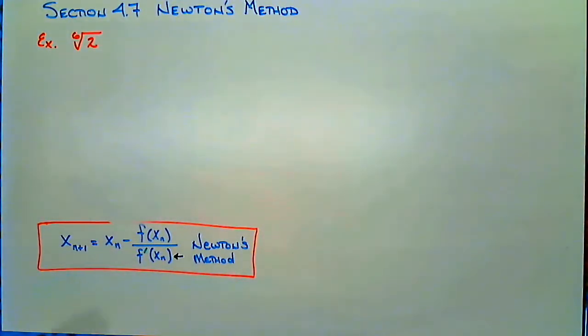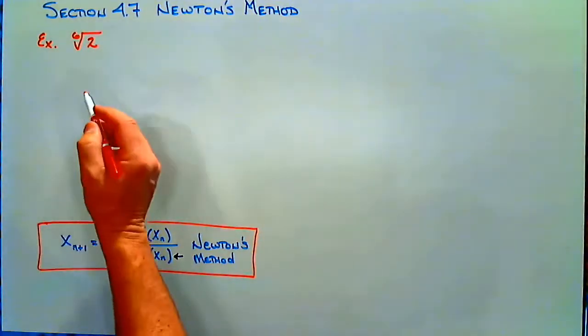And again, if we have a calculator, we take 2, we raise it to the 1/6, we're done. But it could be the case that our calculator decided today was the day to have the batteries die, and we don't have batteries. So what can we do to estimate the 6th root of 2? Well, as it turns out, Newton's method will do this for us. So how would one use Newton's method to estimate this?